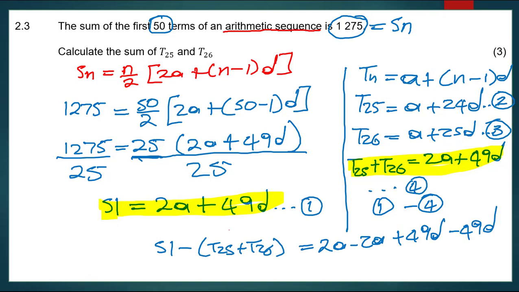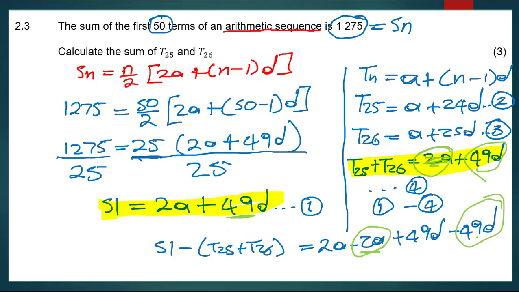Just to show you what I did, I took equation 1 and subtracted 2a, which is this 2a over here, and then I took the 49d and subtracted this 49d.